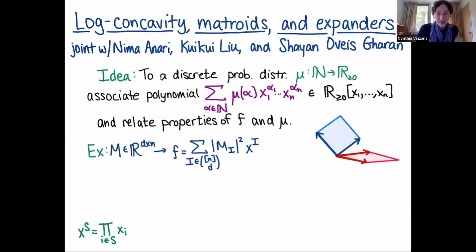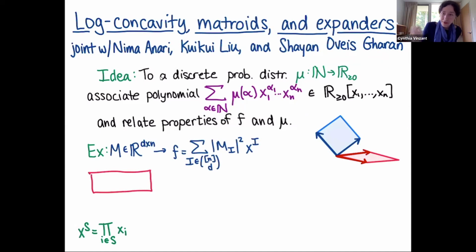For example, one nice distribution I can take on subsets of 1 through n is this. I can take a d by n matrix, where I'm thinking of d as smaller than n. So I take a short fat matrix.